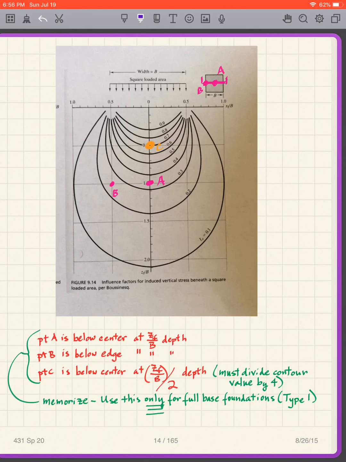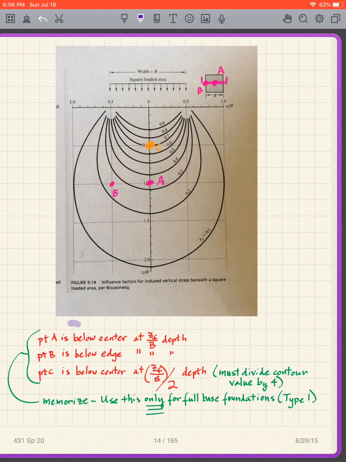I'm not going to go through why that is, because we covered it last course. But I just want you to remember that we're going to look at these 3 points, A, B, and C. For C, we take the contour and divide by 4.